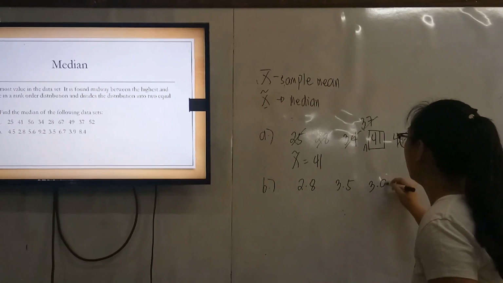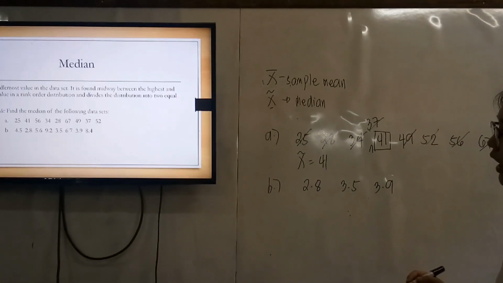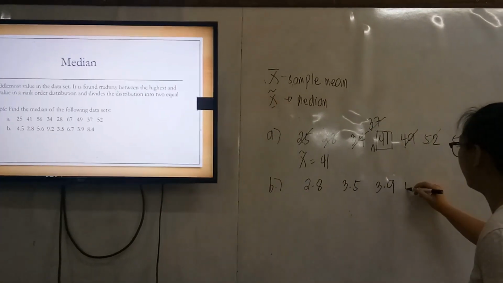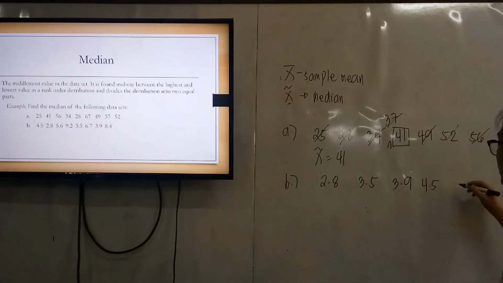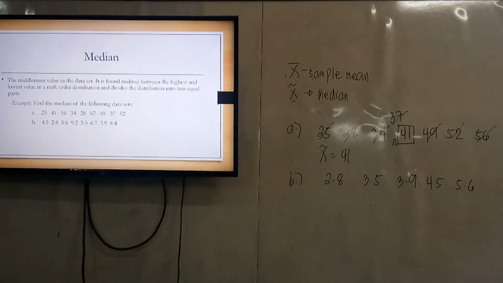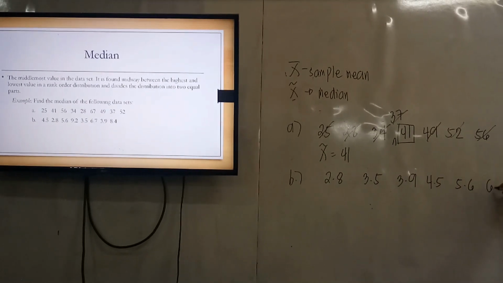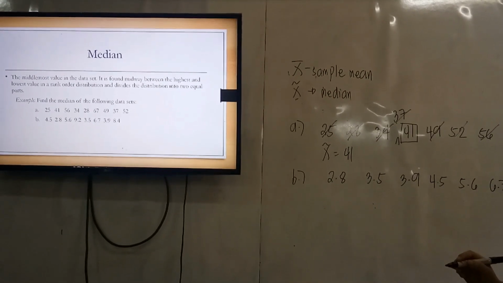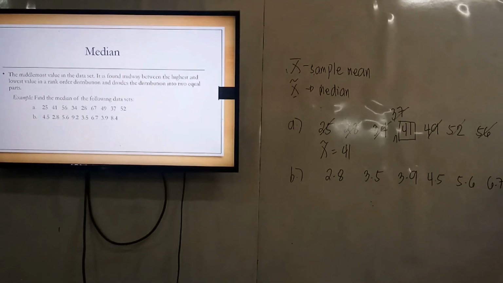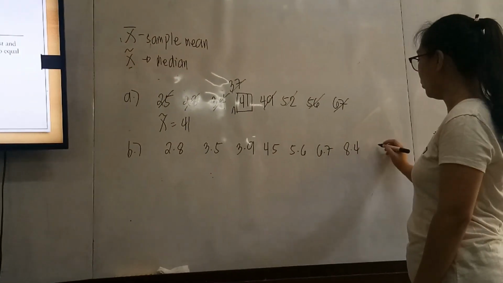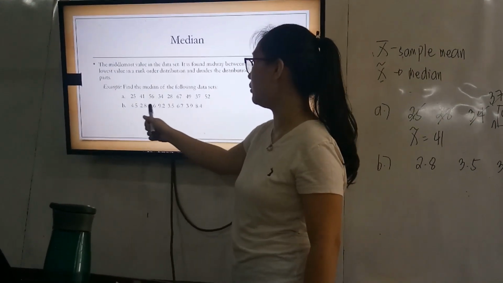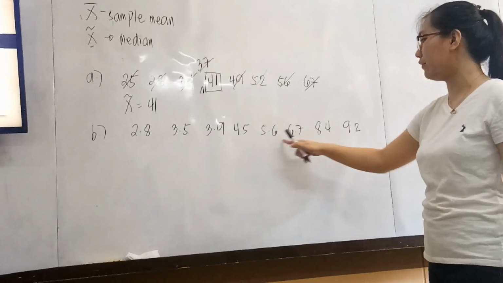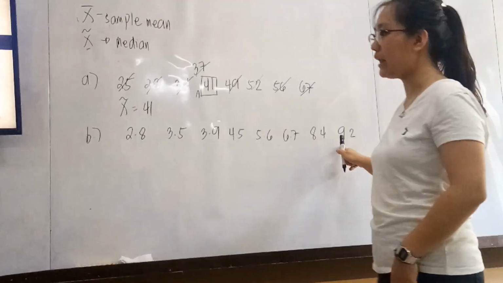And then 3.9. Then 4.5, 4.5, 5.6, 5.6, 6.7, 8.4, and then 9.2. Let's check, double check always. 1, 2, 3, 4, 5, 6, 7, 8. 8 values. Okay, mukhang tama naman.